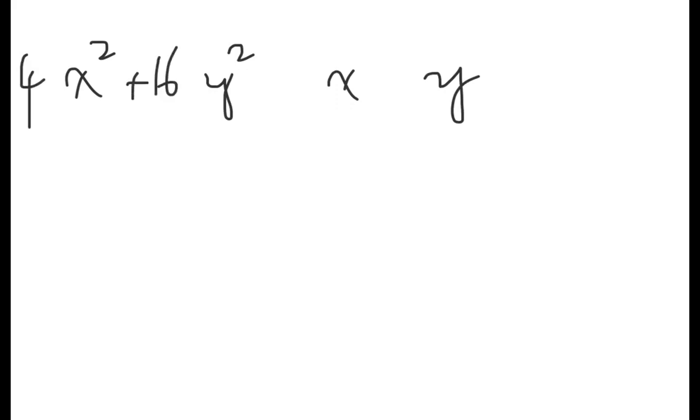Can someone give me the question for the ellipse? 4x squared plus 16y squared plus 32x plus 32y plus 16 equals 0. Thank you very much.